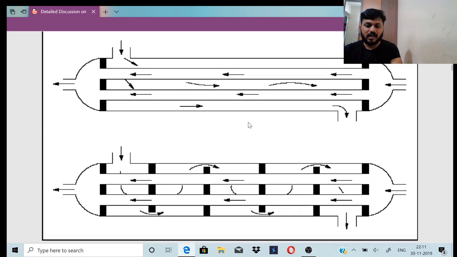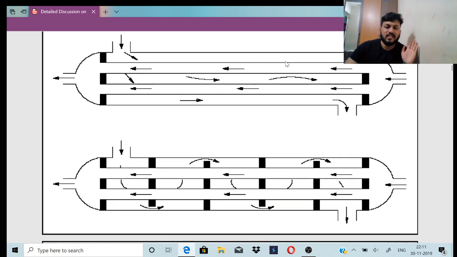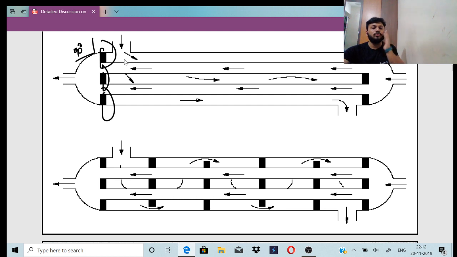So you can see here another multiple set of diagrammatic representations I have given you guys here. So you can see the obstruction of flow happens here, right? तो क्रॉस फ्लो में बेसिकली क्या होता है? There will be two types of fluids. Okay, 90 डिग्री में फ्लो होता है, right? The flow happens in 90 degrees. Okay, the flow happens in 90 degrees basically, so you don't have the fluids mixing. Okay, if the fluids flow in the same manner, there will be mixing of hot and cold fluids.